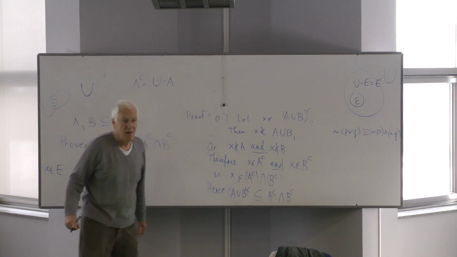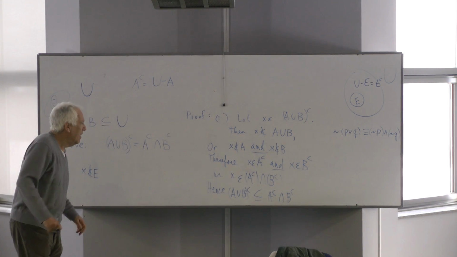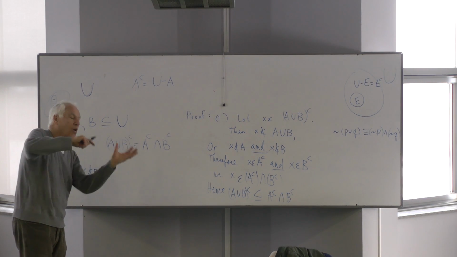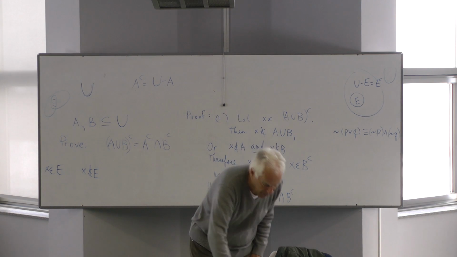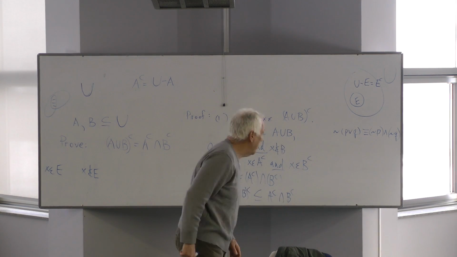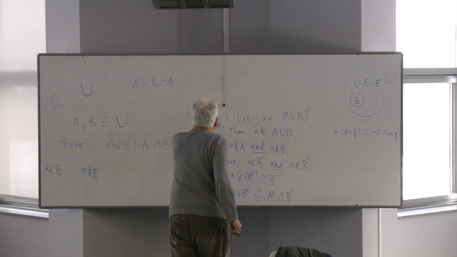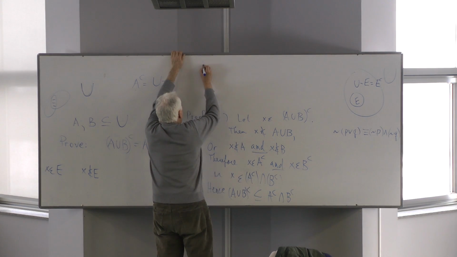Correct? First half of the fight. This is so easy. Now we go the other way. If you're in the right side, you're in the left side. Okay? So, that's it. Let's go up to 2.